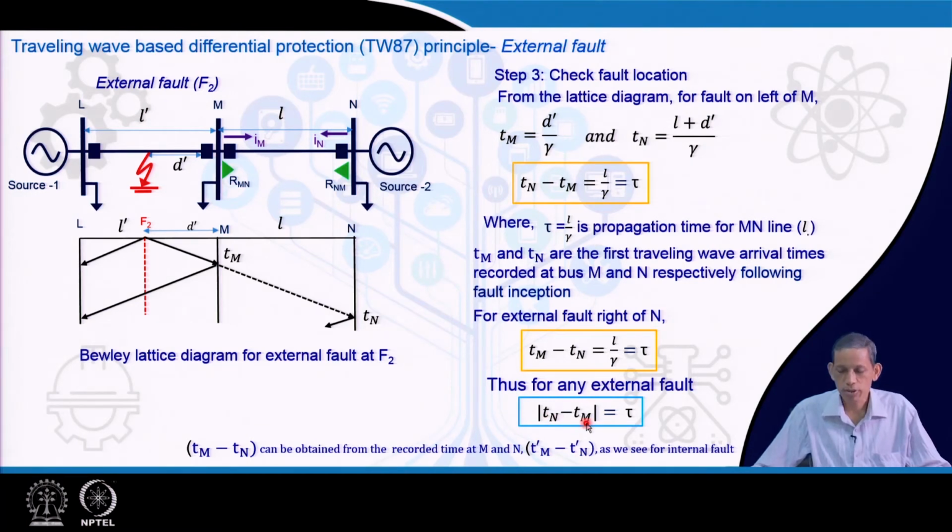From the recording time and using the relation T m minus T n equals T m dash minus T n dash, if this equals tau, it ensures that the fault is external, beyond the line section M N.